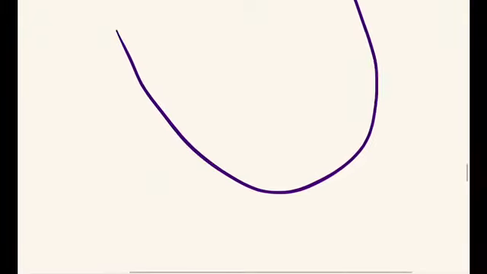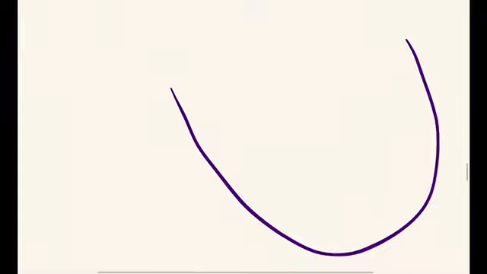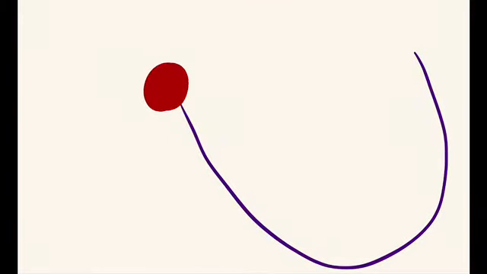Now if I draw the leads, although I cannot precisely locate the lead and the heart because there is some physiological deviation, this is one.